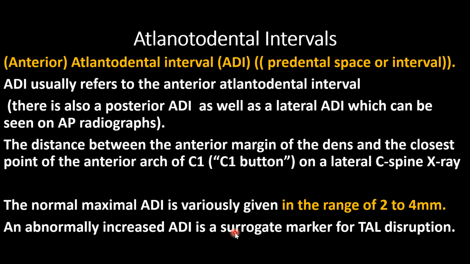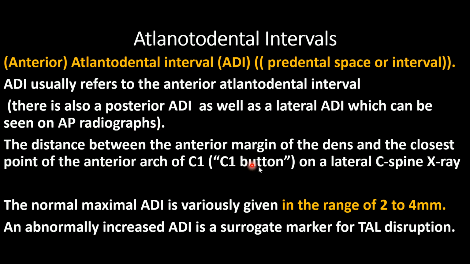The atlantodental intervals. The atlantodental intervals are anterior, posterior, and lateral atlantodental intervals. When we say the term ADI or atlantodental interval, it usually refers to the anterior atlantodental interval. There is also, as we mentioned, others.